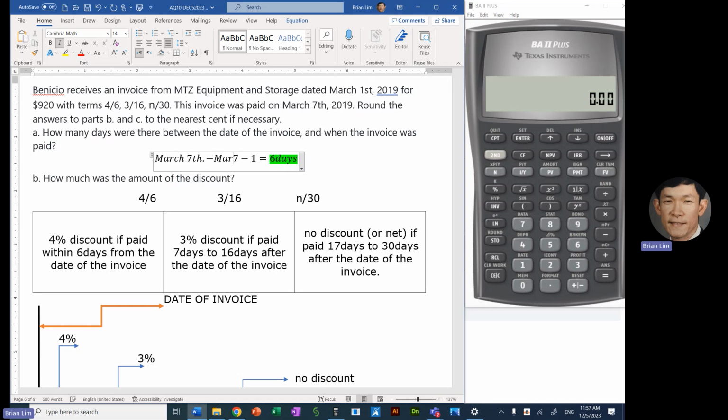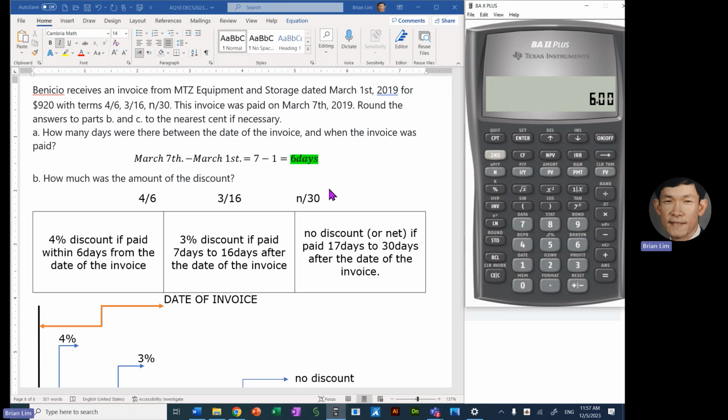Of course, it's very awkward to speak like this, but for our illustration, let's look at it this way. 7 minus 1 gives us 6 days.